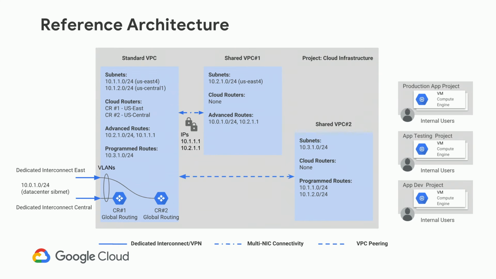So now I want to be able to route traffic back and forth. I talked about advanced routes. So let's take the shared VPC number 1. In this case, I want to be able to route traffic from the shared VPC number 1 back to the standard VPC. So I'm putting an advanced route in there for 10.0.1, which is really the subnet in the data center.